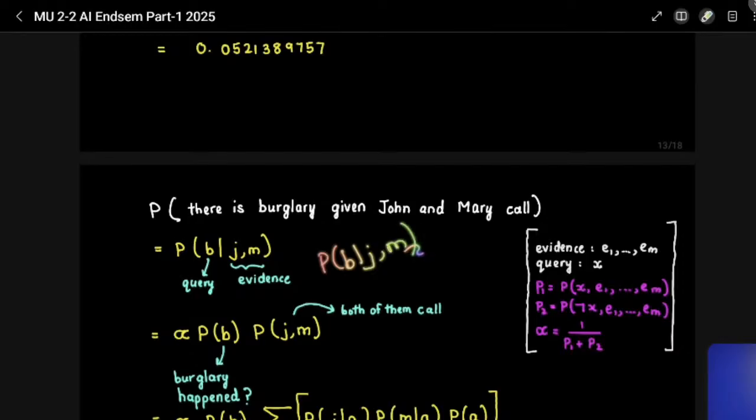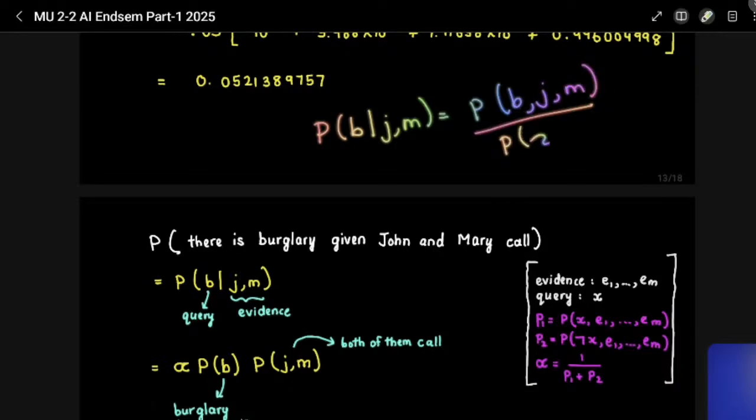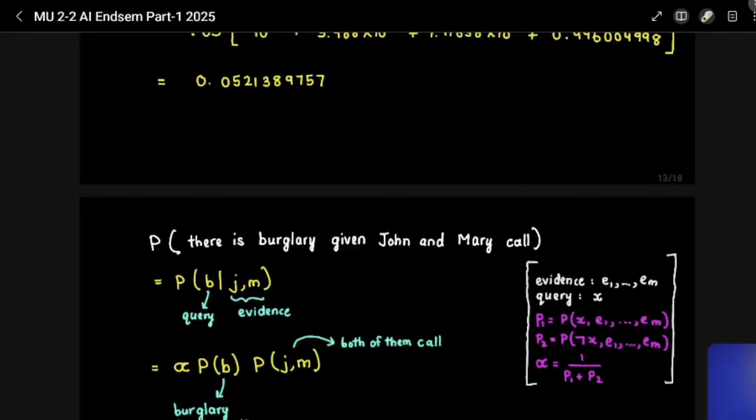The probability of B given JM is nothing but the probability of burglary happening, John calling, Mary calling, divided by the probability of John calling and Mary calling. So this is written as alpha, so you don't have to bother about the alpha.